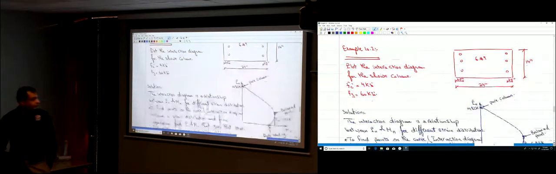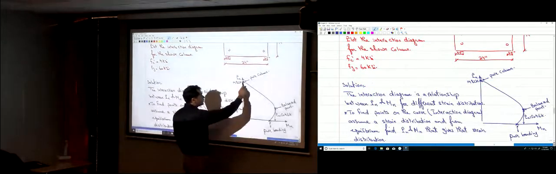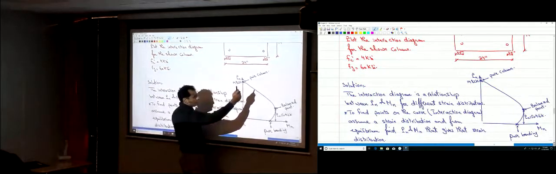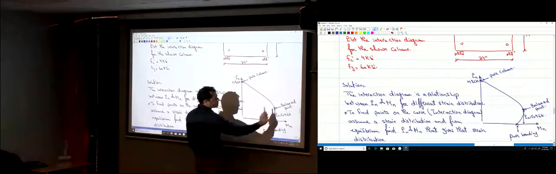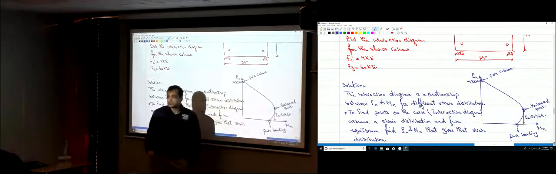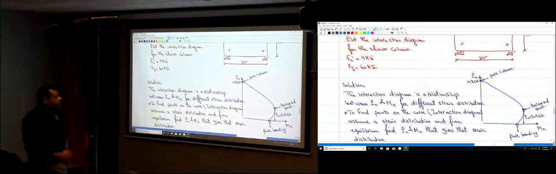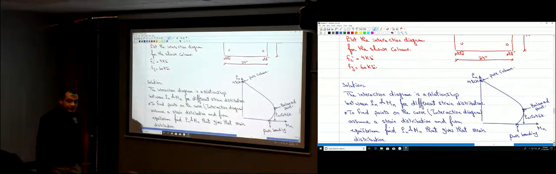What we started last time is we found this point here for pure compression, okay? And then we are working on this point right now, the balance point, okay? For the balance point, every point on this curve, the strain on the compression side, on one side is in compression and is 0.003 because the section will fail when the concrete crushes.